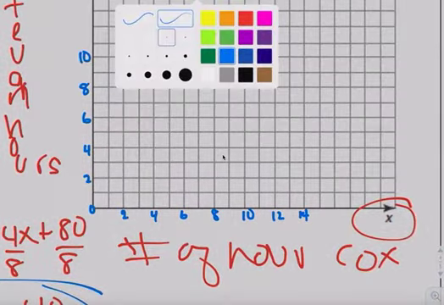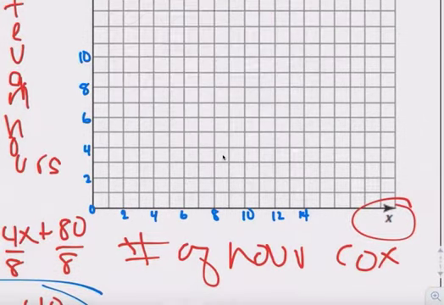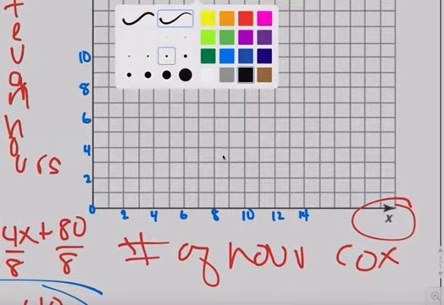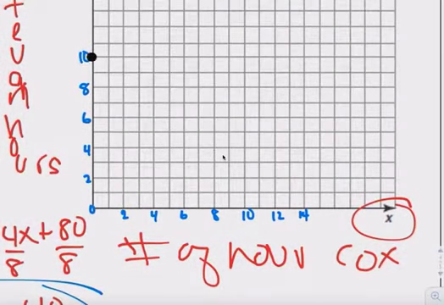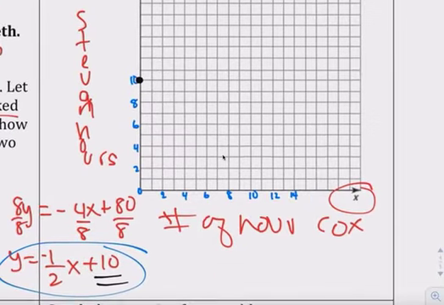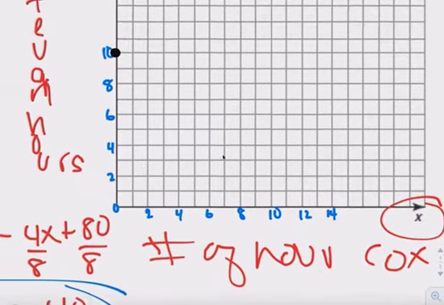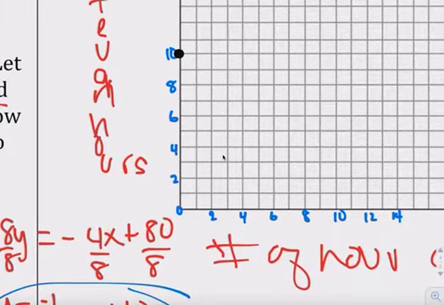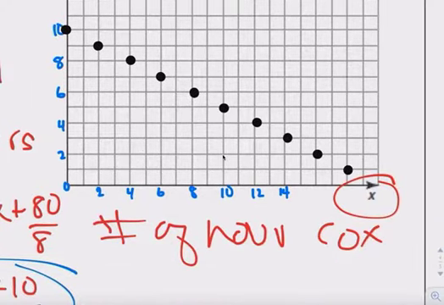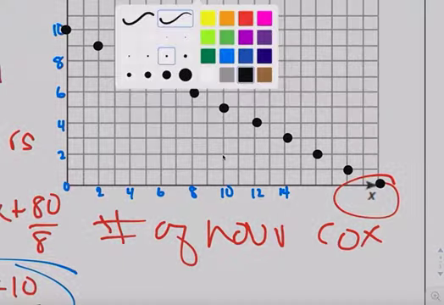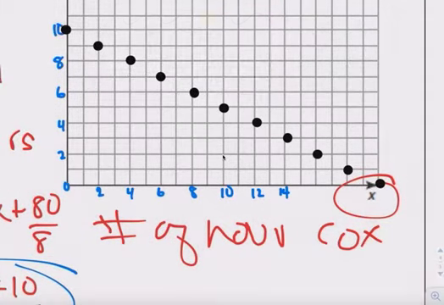Okay, 0, 10. Right there. 1 down, 2 over. 1 down, 2 over. 1 down, 2 over. Right there. So connect the dots.